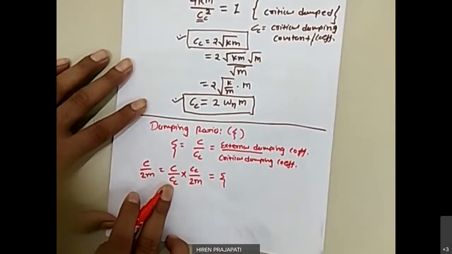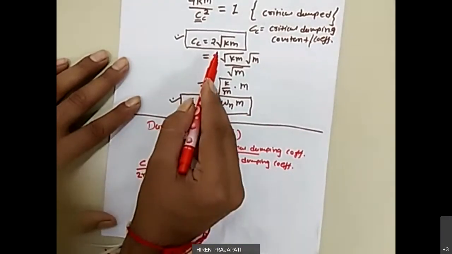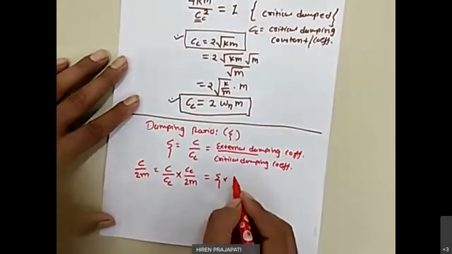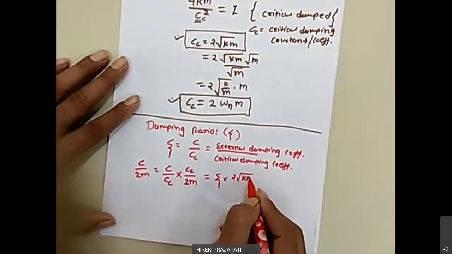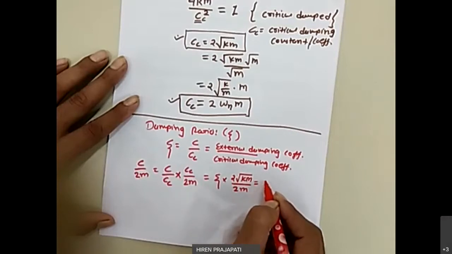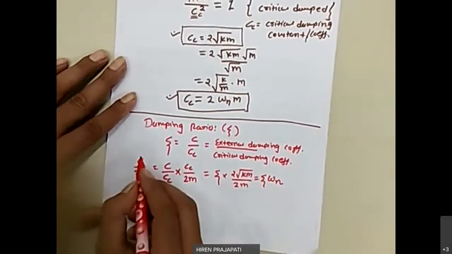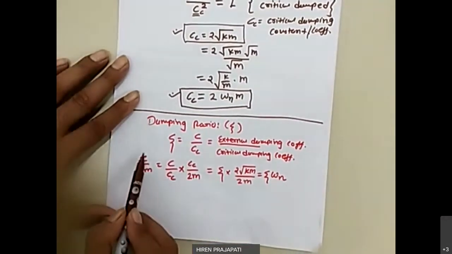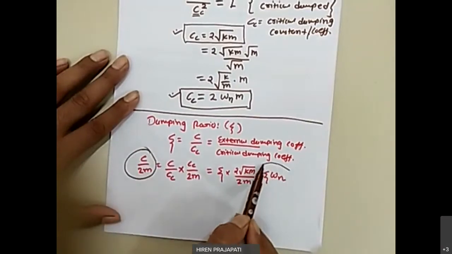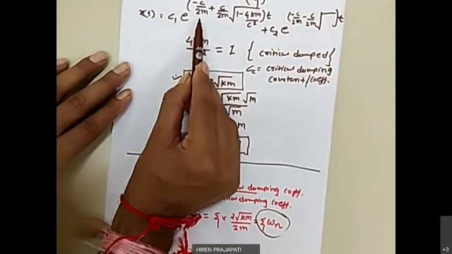And now let me write Cc, which is 2 square root k by m. So it's 2 square root k by m divided by 2m. Then 2 will be cancelled out. Square root m divided by m, then we get square root m. So finally, you get zeta omega n, right? So I can write this term as this term in our governing equation of motion here.